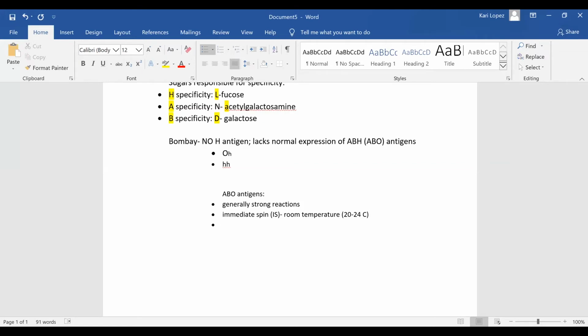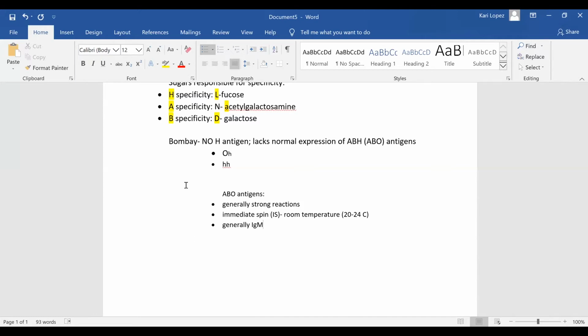Now, if you know that, generally you can figure out what kind of immunoglobulin it is. Your room temperature or initial spin immunoglobulins (Igs) are generally IgM, and then your IgG is going to be your 37 degrees, which is generally your clinically significant antibodies because they react at body temperature at 37.